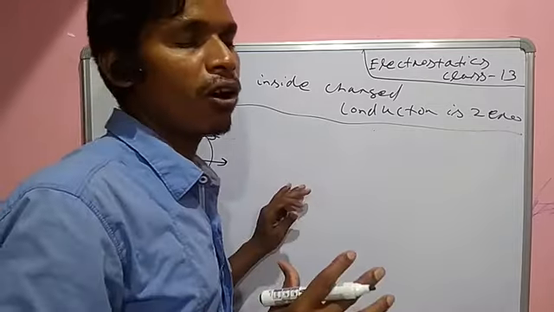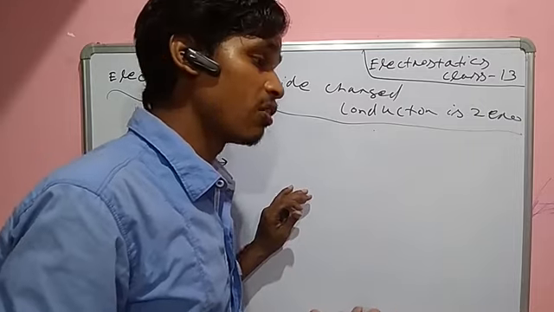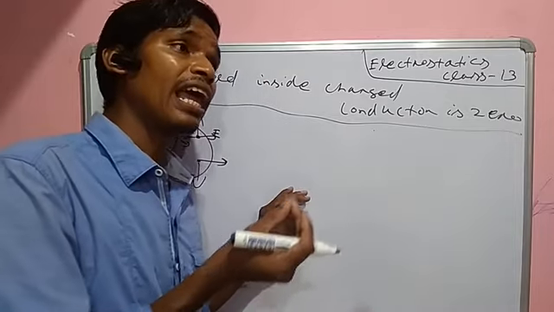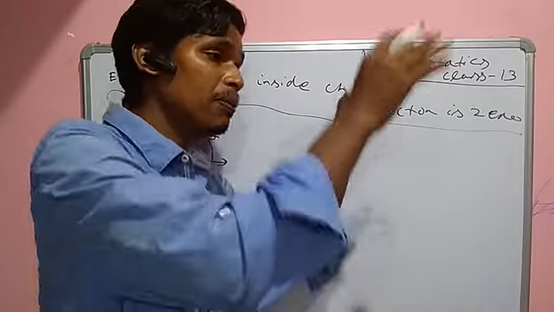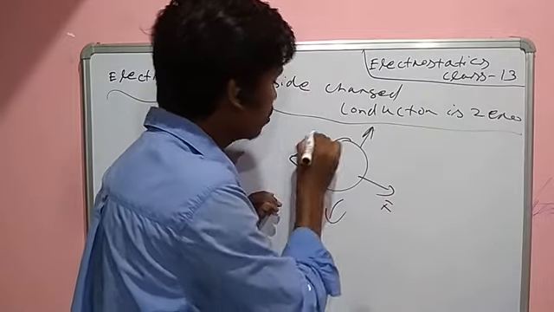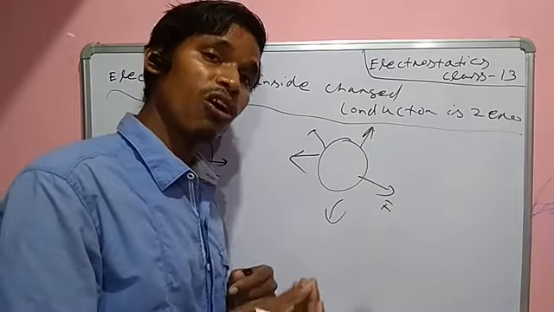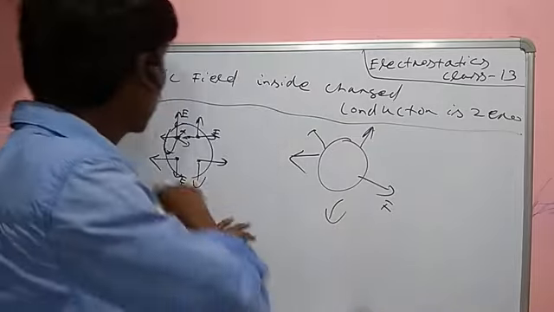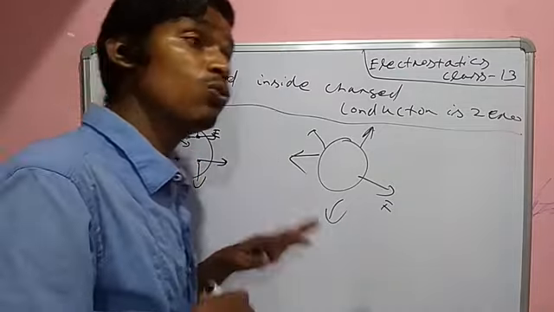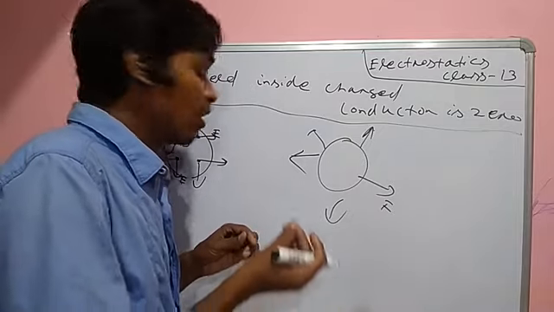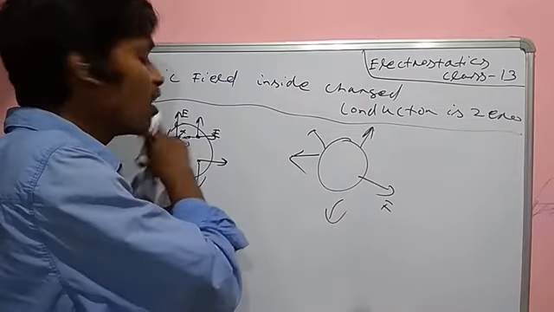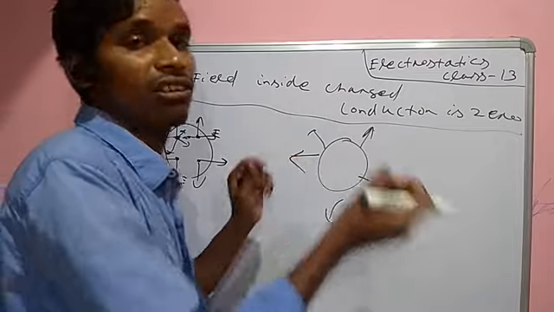If a number of protons are available, we have to consider all of them. Every proton has an electric field, but the total electric field inside the charged conductor is zero, because the electric fields created by the protons inside the charged conductor cancel each other.